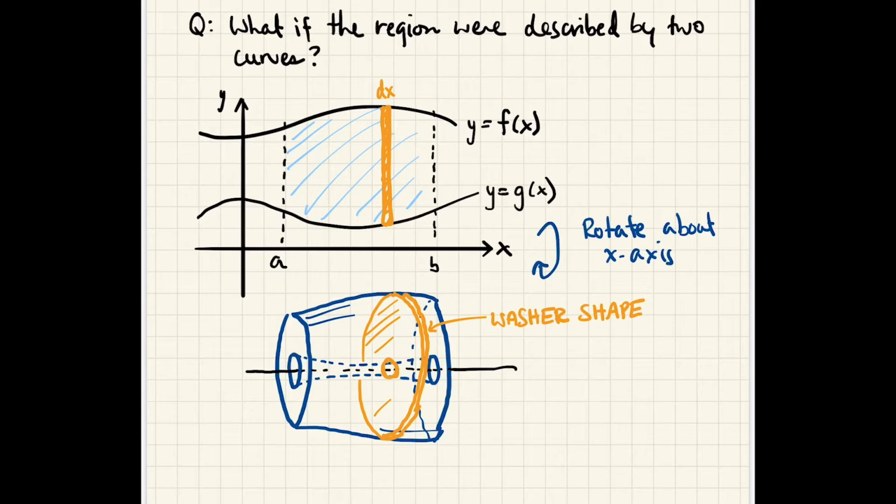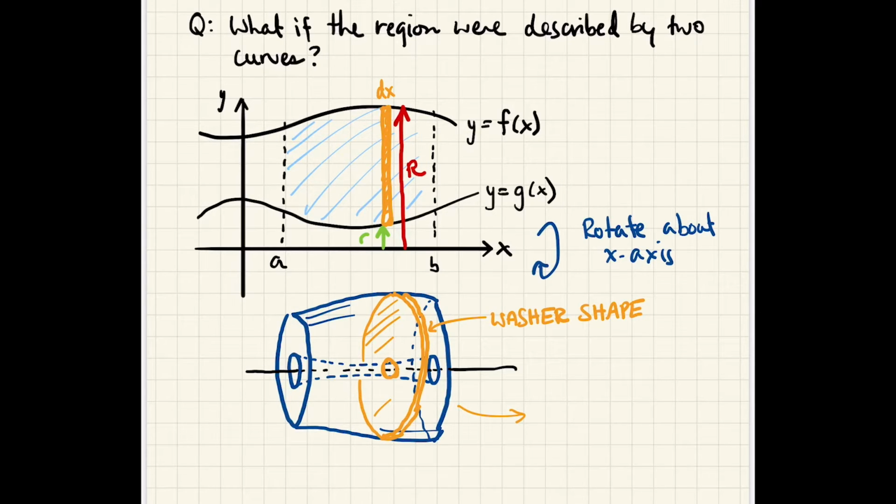Well, if you think of it as the surface area of the entire outer disk minus the surface area of the inner disk. So there are now two radii involved. There's the outer radius, which I usually denote with a capital R, and there's an inner radius, which we can denote with a little r.